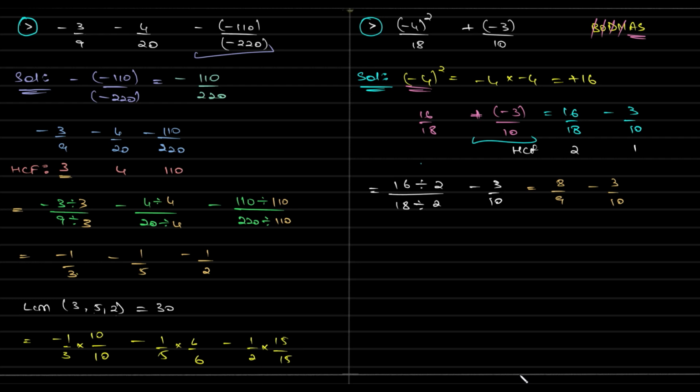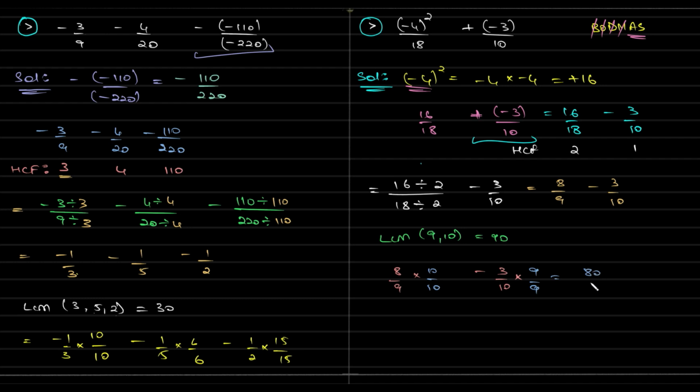Right? Don't forget the signs. There is a negative sign over here, so I need to copy the same. Next we have LCM between 9 and 10, that is 90. We have 8 by 9 into something, negative 3 by 10 into something. So 10 by 10, 9 by 9.